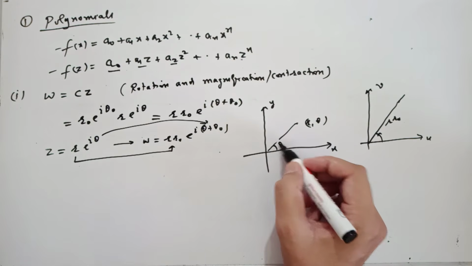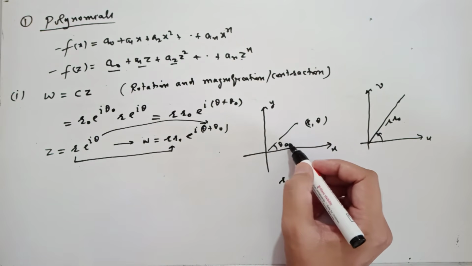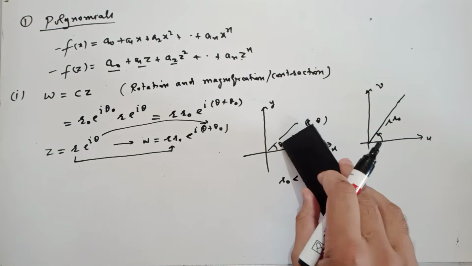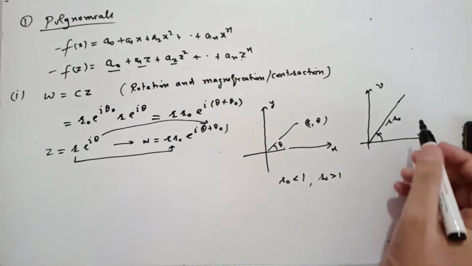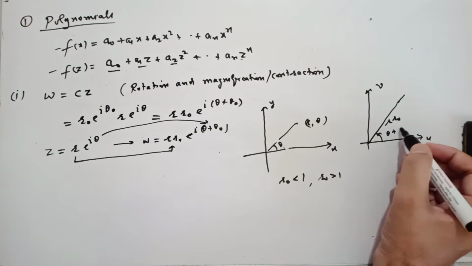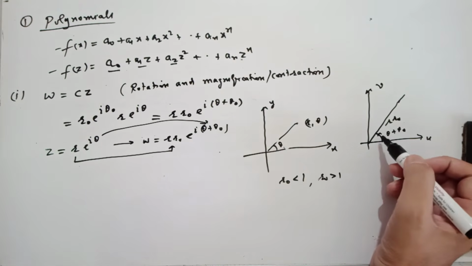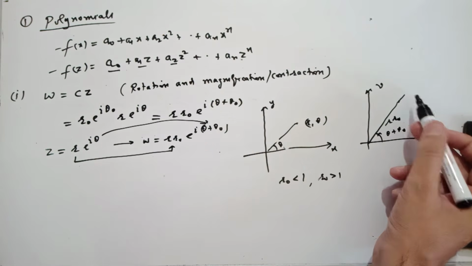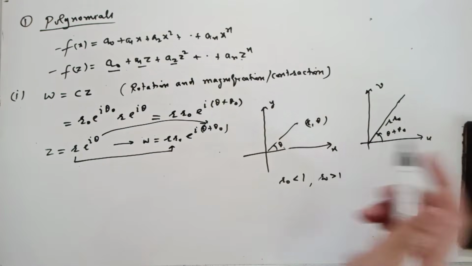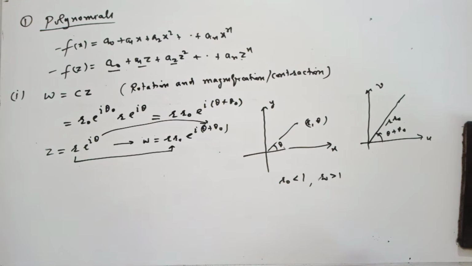Earlier it is theta, now what is it here? Theta plus theta 0. So you see two changes are taking place. One is it is magnified, another it is rotated. That's why this mapping is called rotation and magnification mapping. Okay, contraction in case R0 is less than 1.